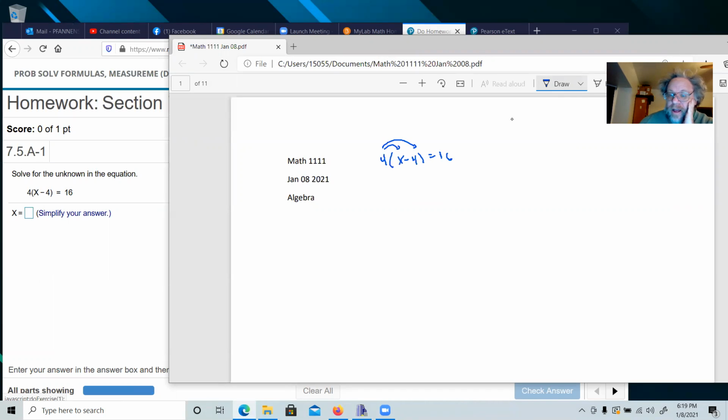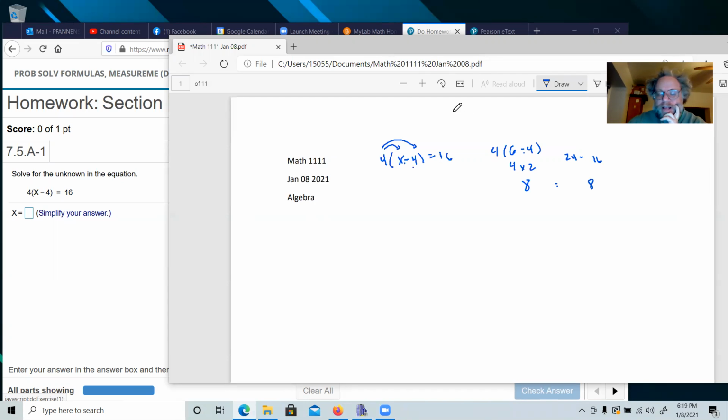If I had 4 times (6 - 4), we could say that's 4 times 2, which would be 8. We could also say that's 24 minus 4 times 4, which is 16. 24 minus 16 is also 8. So this is going to work exactly like numbers.